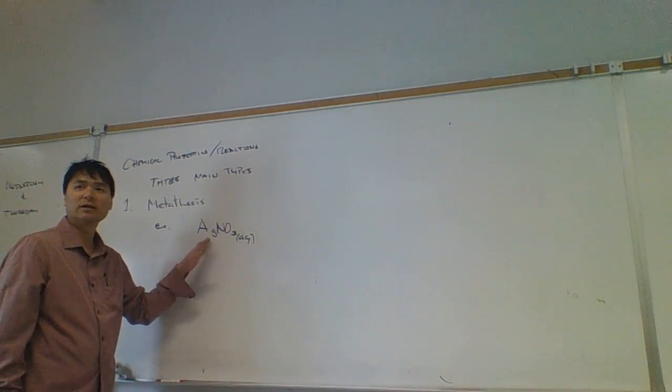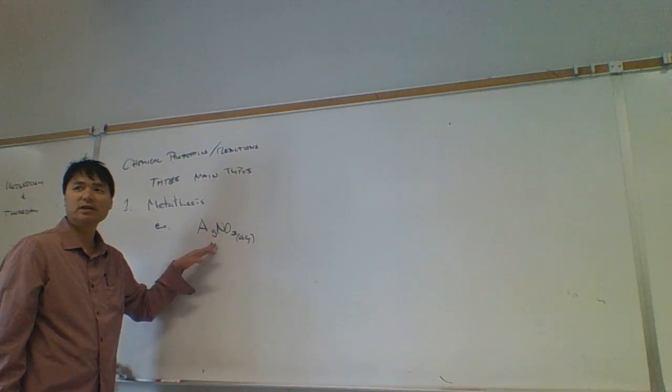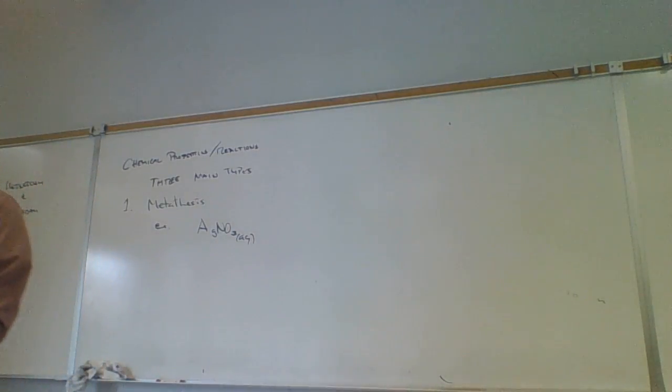AgNO3 is called silver nitrate. Or is it silver(I) nitrate? Would we use a Roman numeral with silver? No, because we know it's a fixed charge. Would we call it monosilver mononitrate? No, because it's not a binary molecular compound. So this is aqueous silver nitrate.